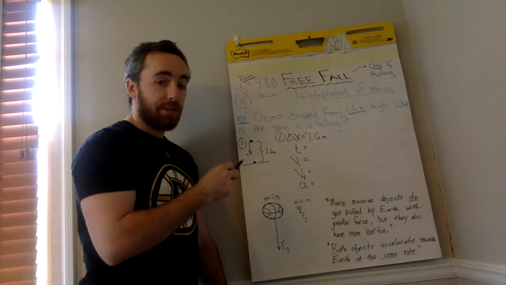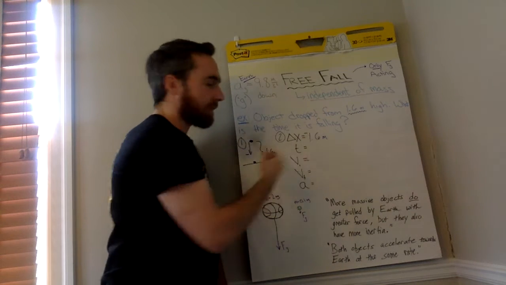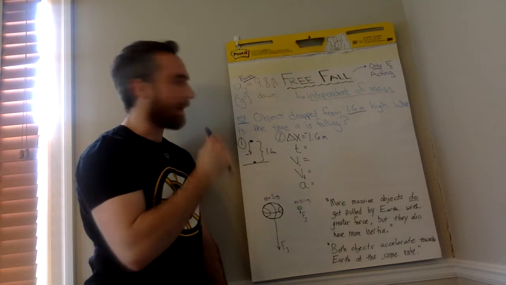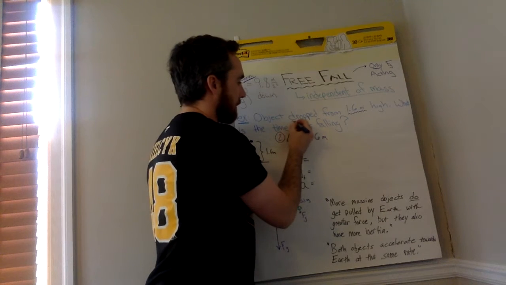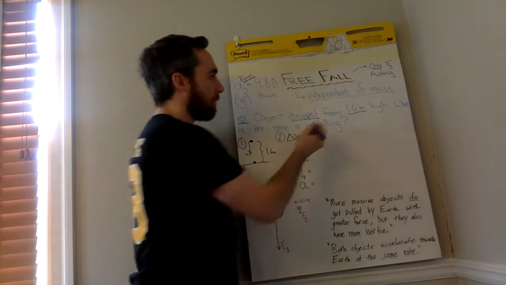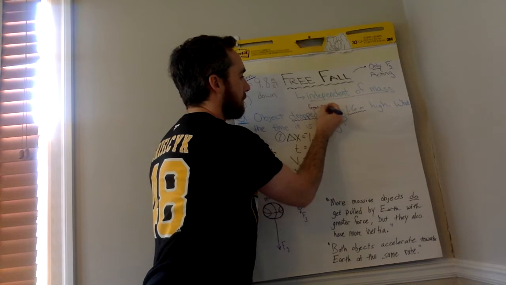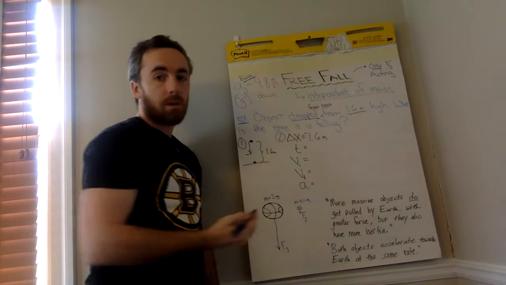Now we run into kind of a dead end here, or at least a fork in the road. The problem doesn't give us any more numbers. Now, one thing it does give us is this object was just dropped. Usually it will write dropped from rest if it wants to be clear.